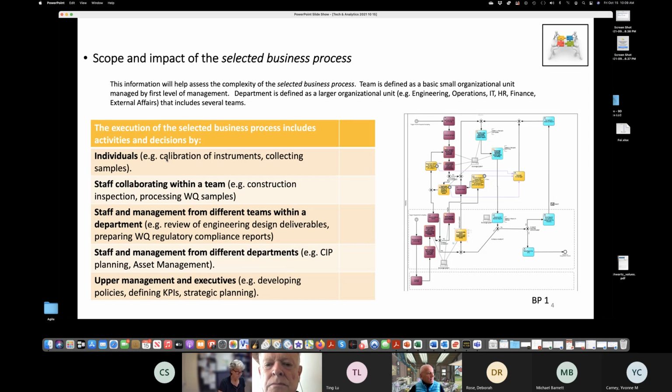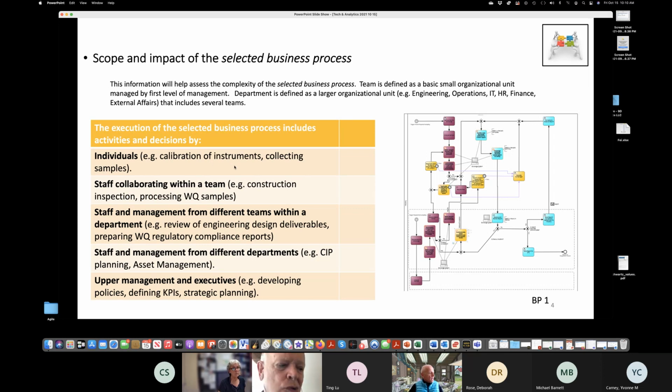So this first question is just to figure out who's impacted and who's included in this business process, just to get a sense of what it is that we're trying to address. Because it's one thing if we're trying to address... what level are we on?